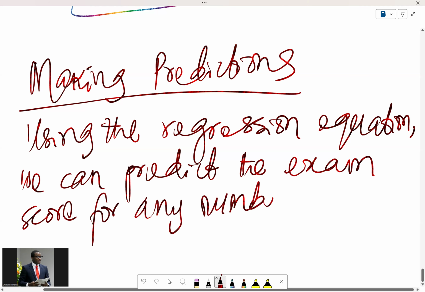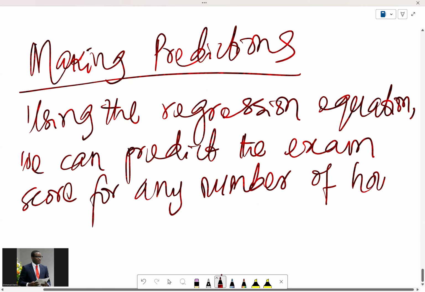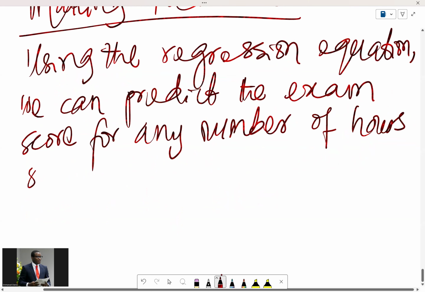So it's more like you now have an equation to say, as far as these students are concerned, we can predict with some level of certainty that this is what they are going to score based on the hours they spent studying.